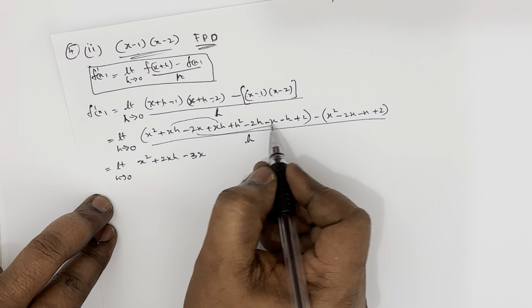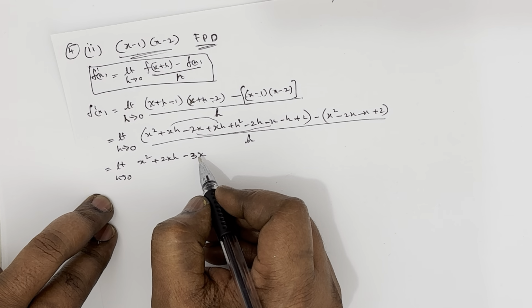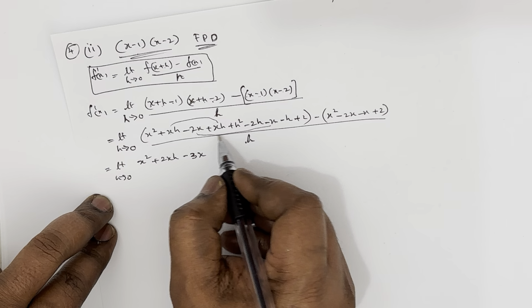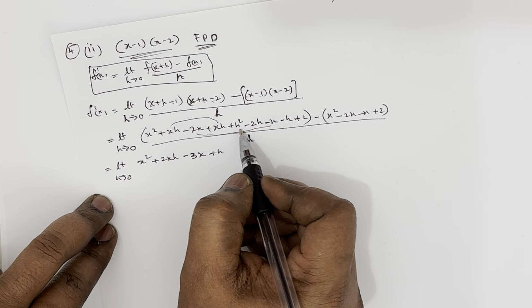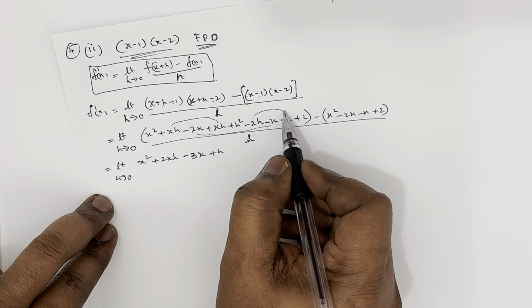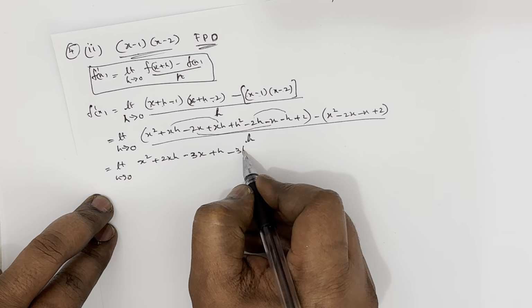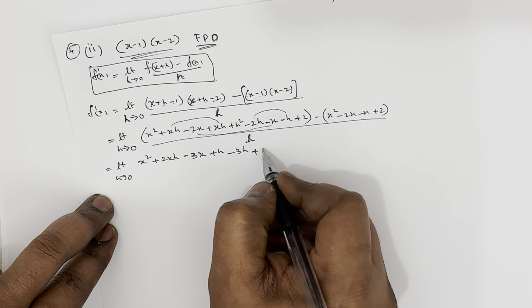Minus 2x plus x plus minus x will be minus 3x. And then after that plus h square, then after that you have 2h minus 2h and minus h, that will be minus 3h, and plus 2.